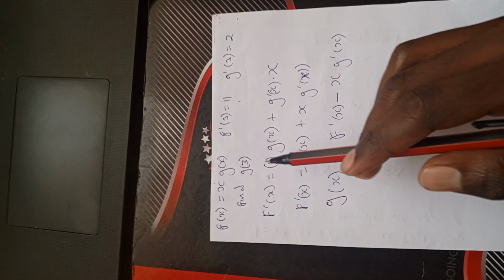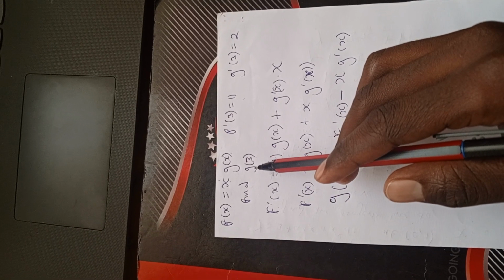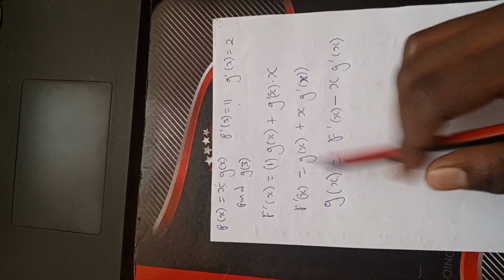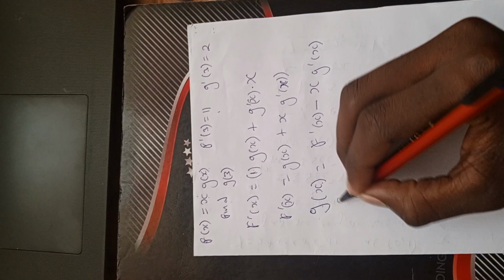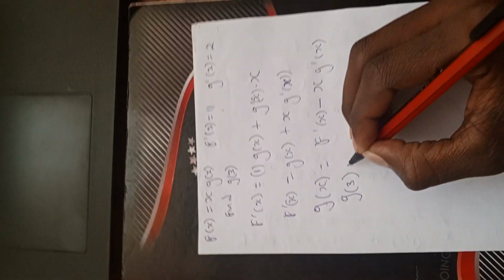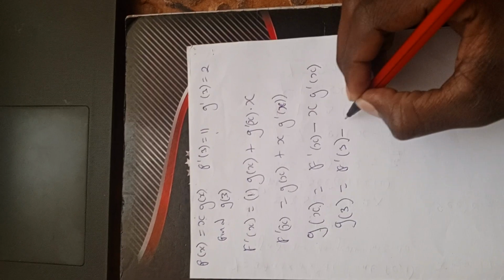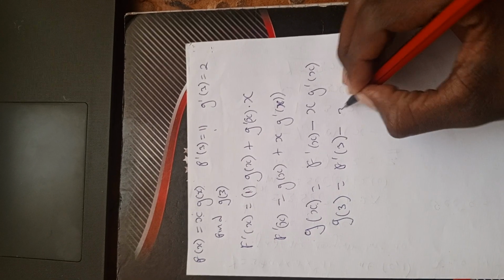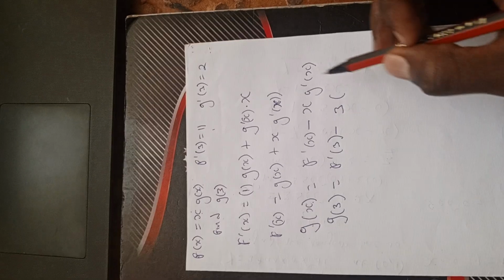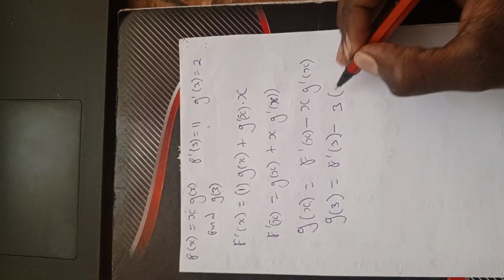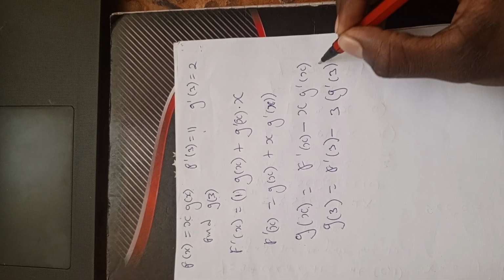Since we need g of 3, wherever there is x we plug in 3. So g of 3 is equivalent to f prime of 3 less 3 times g prime of 3.